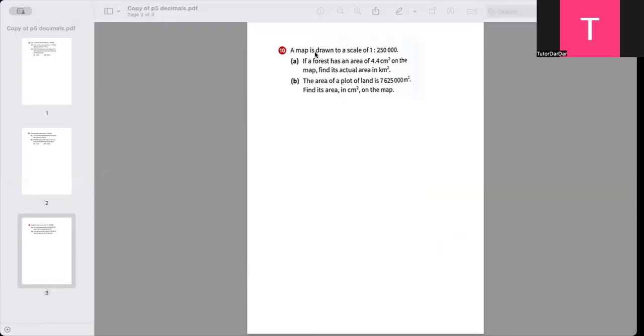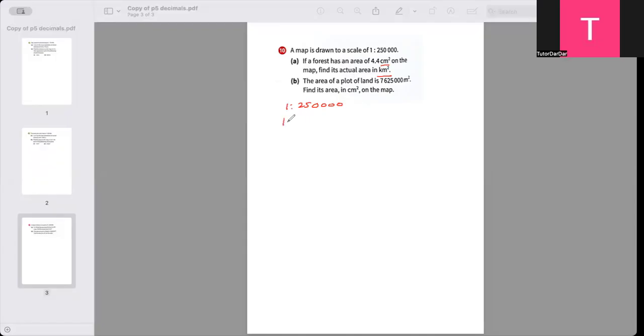Number 10. A map is drawn to a scale of 1:250,000. So same thing, we will write 1:250,000. Okay, what do we see here? Cm square, kilometer square. So we have to convert this to kilometer first.